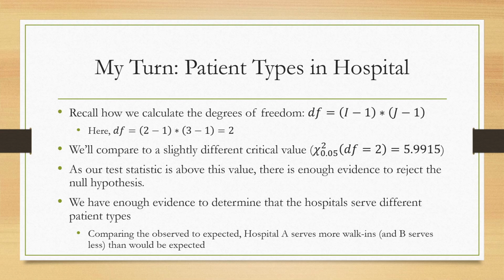Hospital B looked like it has fewer walk-ins than we would expect. And you can go down the list and again see which ones contribute the most and then interpret those cells individually. Now, there's a lot of ways to describe this evidence. Hospitals serve different numbers of patients. Hospital and patient type are not independent.